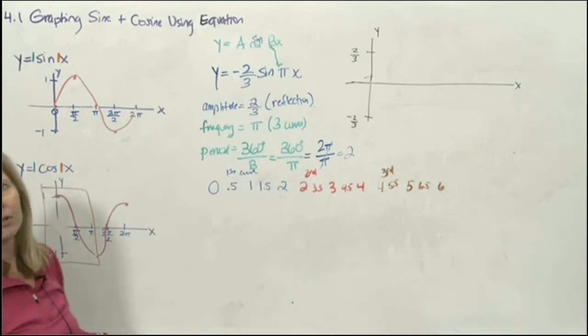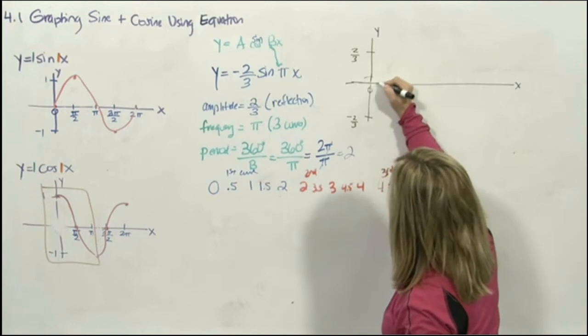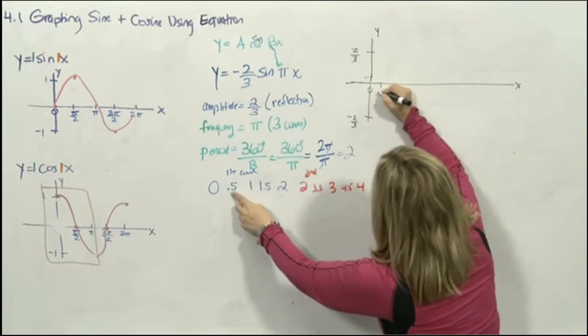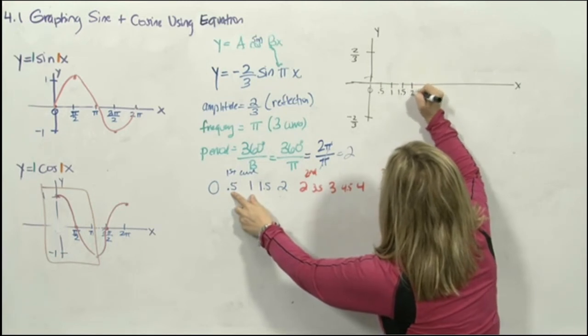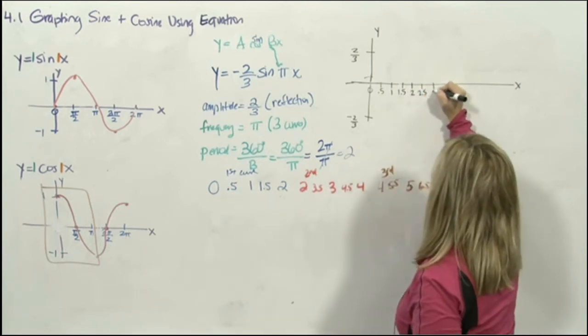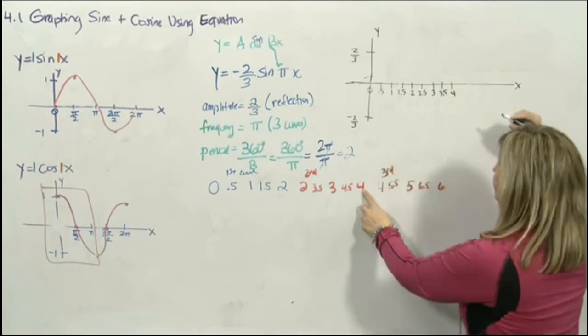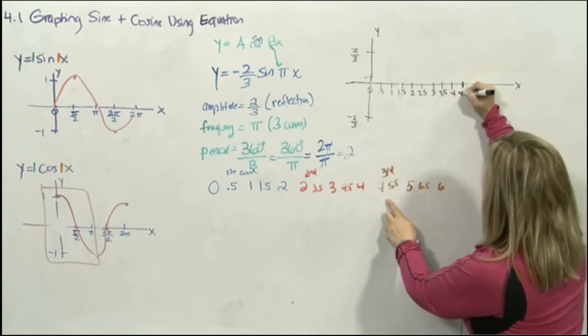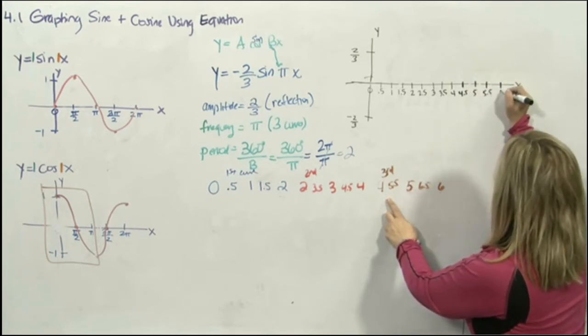Now we're going to label our x-axis. Here's 0, then 5/10, 1, 1 and 5/10, 2, 2 and 5/10, 3, 3 and 5/10, 4, 4 and 5/10, 5, 5 and 5/10, 6.